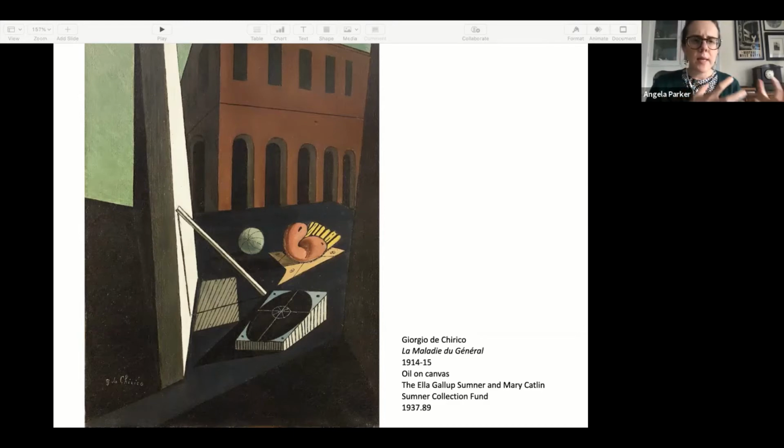And where exactly we're placed. We seem to be in a bit of a landscape, a bit of a still life with this stage-like composition, a glowering green background or sky in the background of the painting.